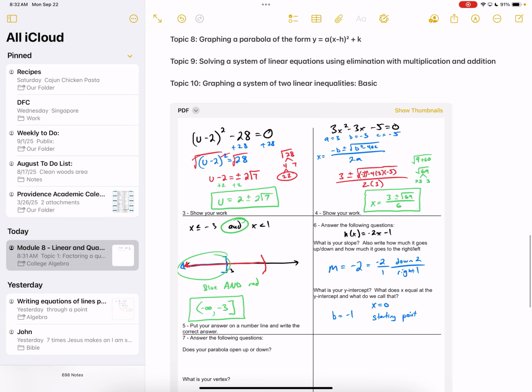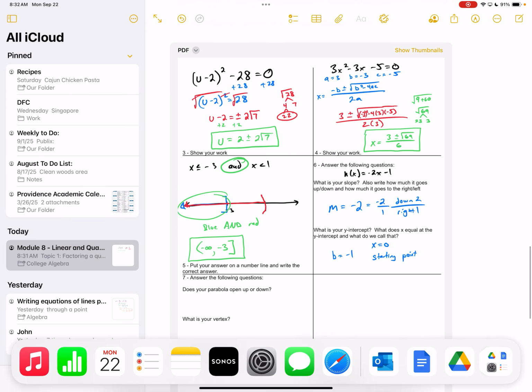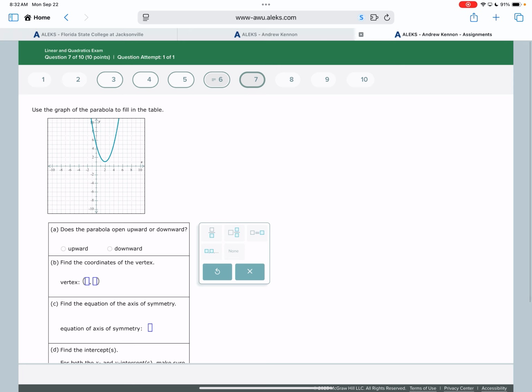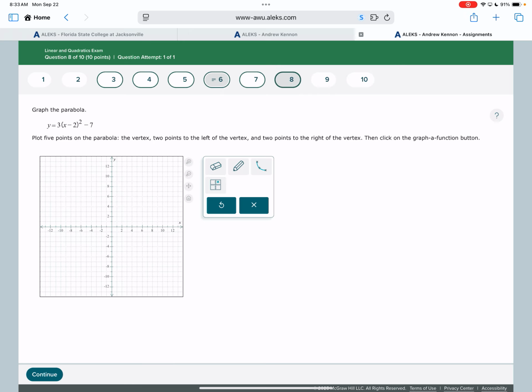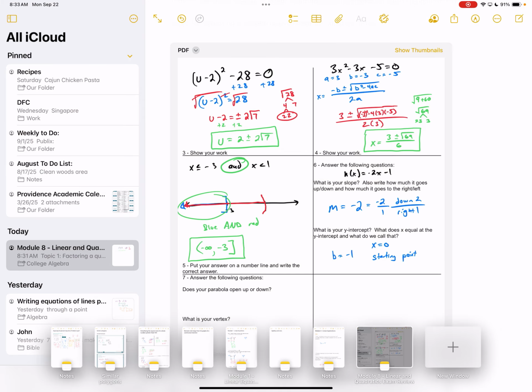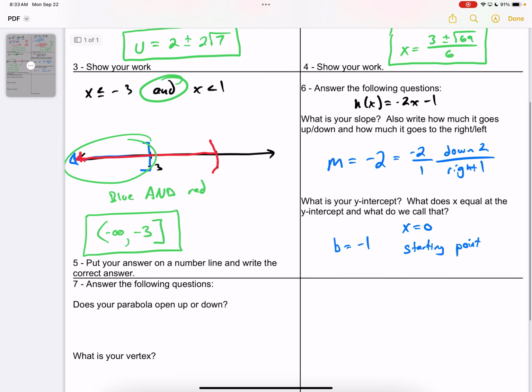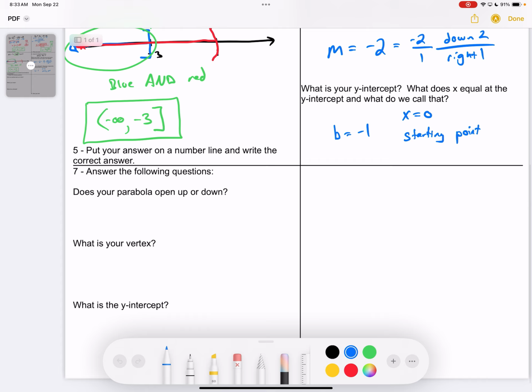All right, I'm pausing on the show your work page for just a second because I want to look at number 8 because I have a feeling I accidentally wrote 7 and I meant 8. Yeah, scratch out number 7. I want that to be number 8. Sorry.